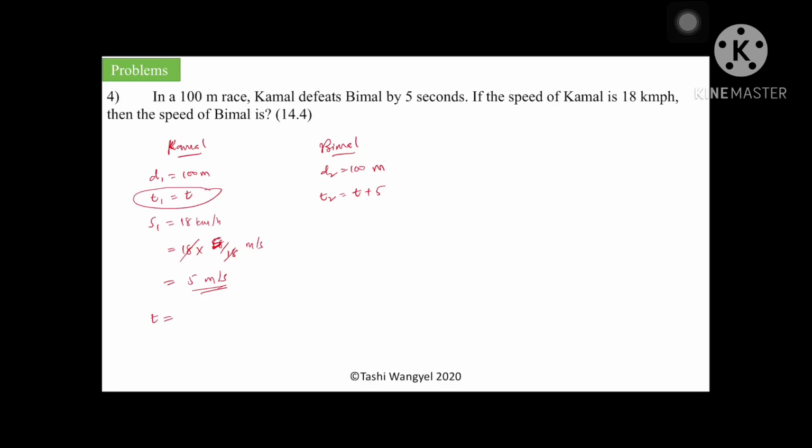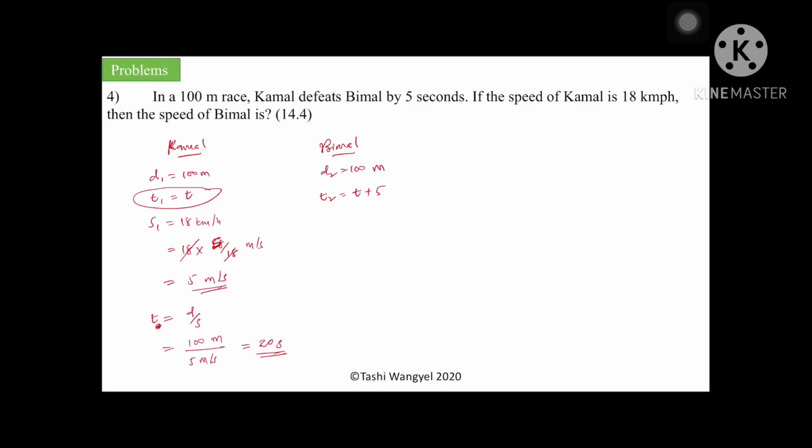Time is equal to distance by speed, so the time is equal to 100 meter divided by 5 meter per second. Therefore, 20 seconds.